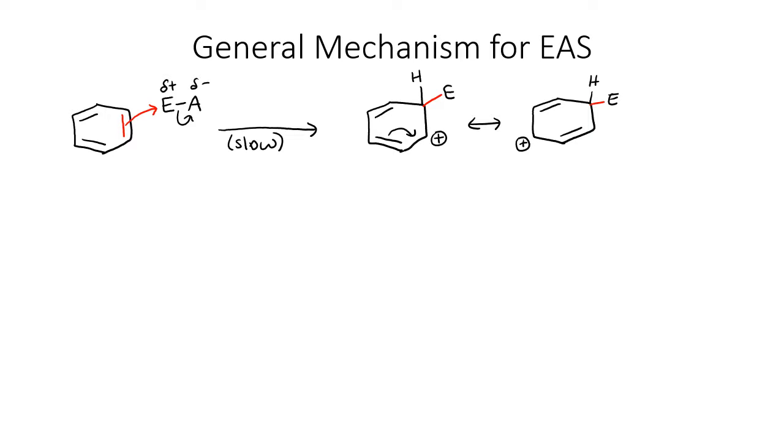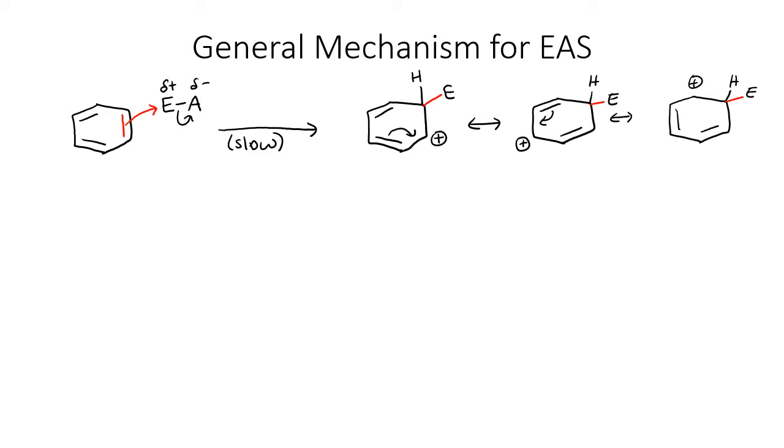And then from here, we've created another resonance structure, an allylic positive charge, 1 bond away from this double bond. So the electrons will come over, and we create our third resonance structure.